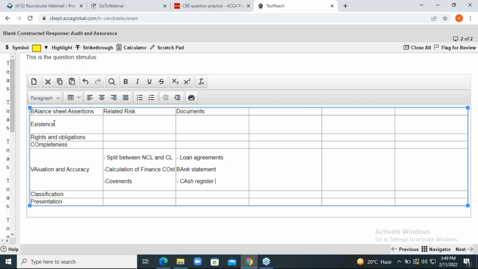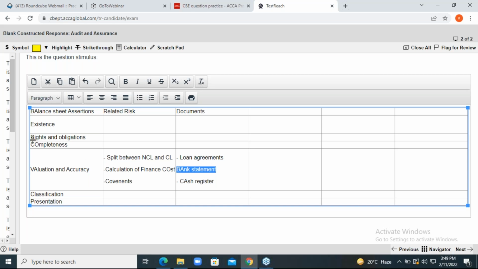Like if you start with existence, if you want to confirm whether this loan exists or not. Existence means that if the loan is recorded in financial statements, it should have been physically received. How can you confirm the existence? You can check the bank statement, whether it is received in your bank account or not. So this is easy.